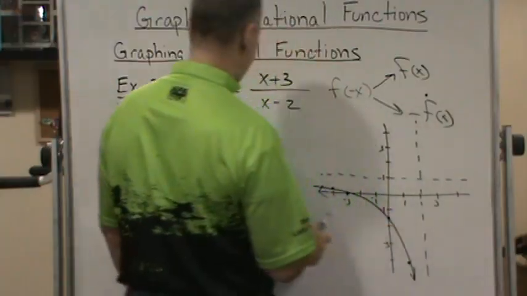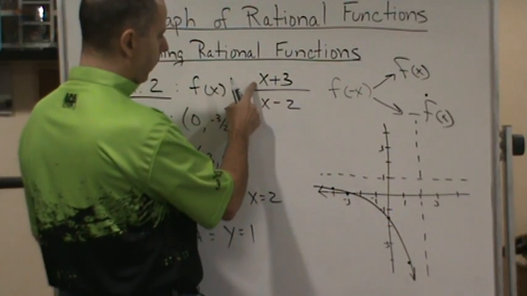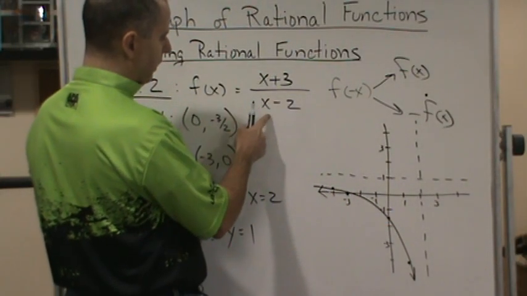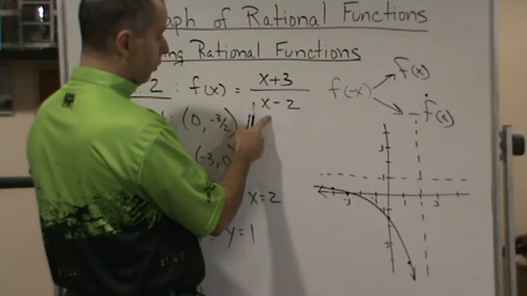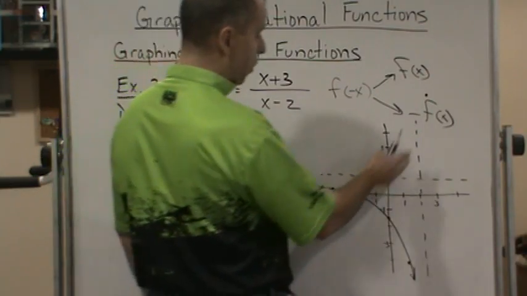Now if we stick 4, what's going on at 4? If it's 4, it's going to be 7 divided by 2, which is 3.5. So it's going down.